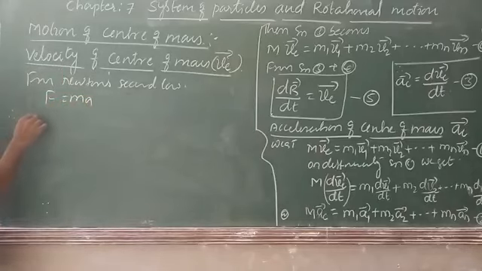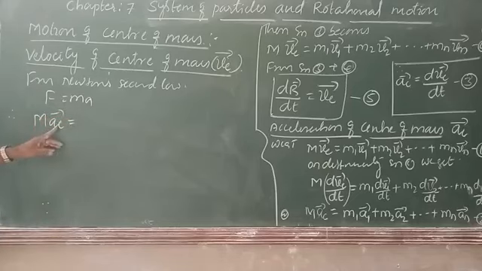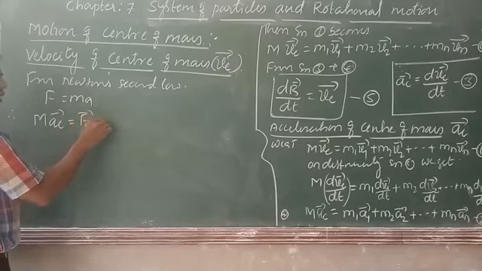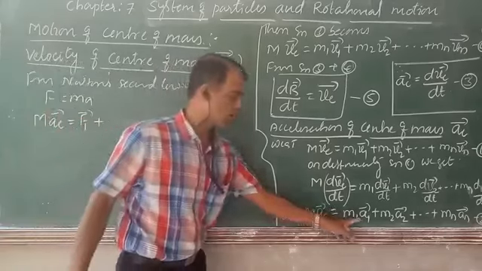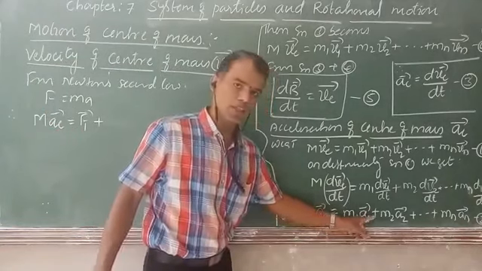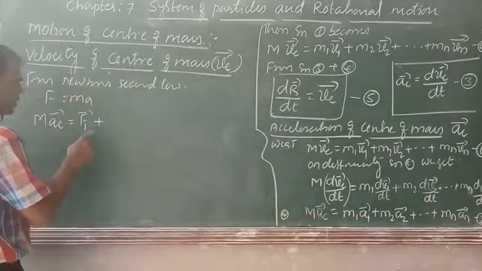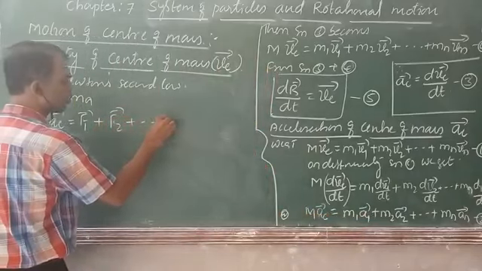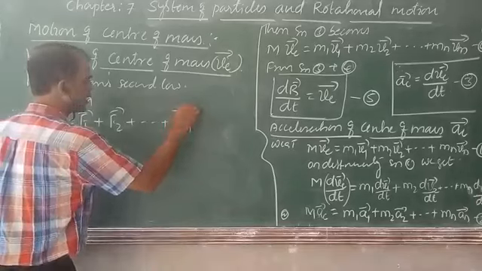Therefore, m into AC, the acceleration of center of mass into total mass of system of particles, will be equal to, for the first particle, M1 A1, the mass of the first particle into acceleration of the first particle, F1 vector plus F2 vector plus so on plus Fn vector.